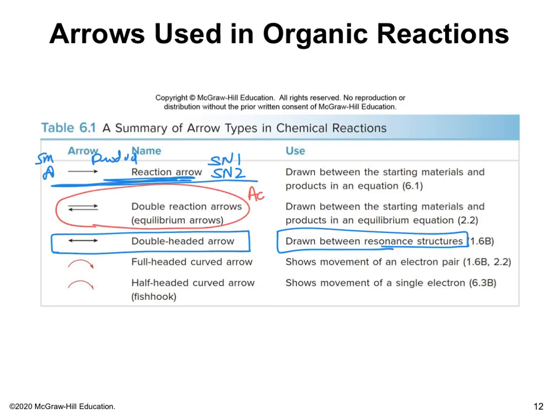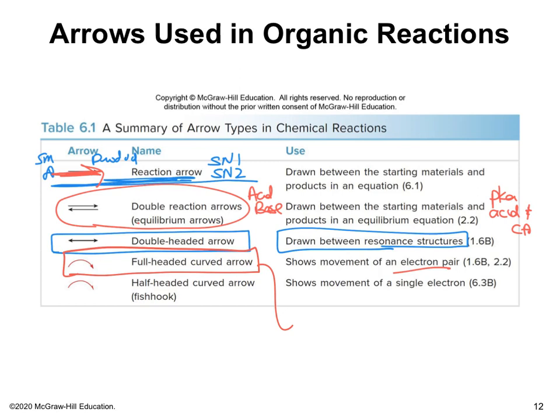That's what you get in acids and bases. In order to understand which way the equilibrium goes, you have to compare the pKa values of your acid and your conjugate acid. But these are all going to be one-way arrows. One more thing, you're going to do the full-headed curved arrows, and it's going to show the movement of electron pairs. You did this in the resonance structures, and now you're going to have to do this here. The half arrow, the fish hook, that's going to be for radical chemistry.